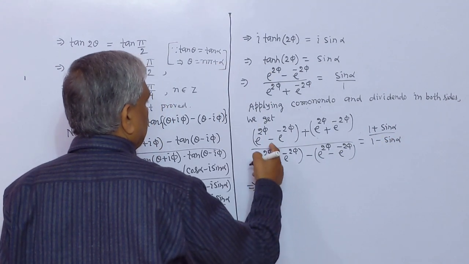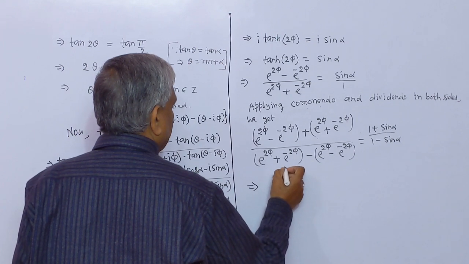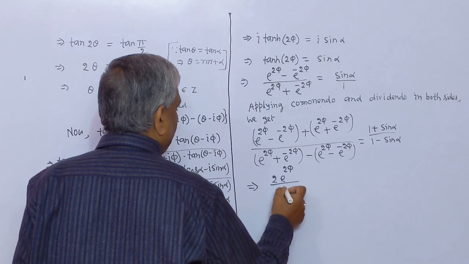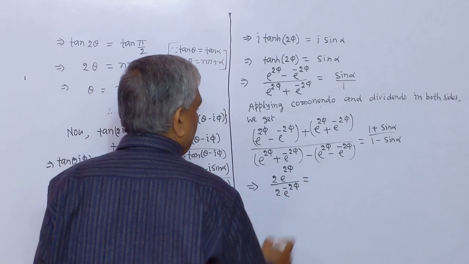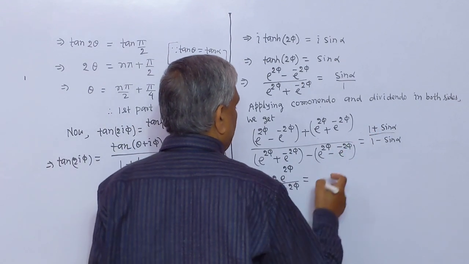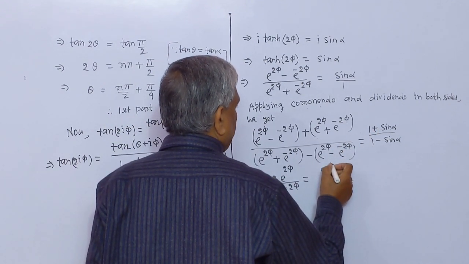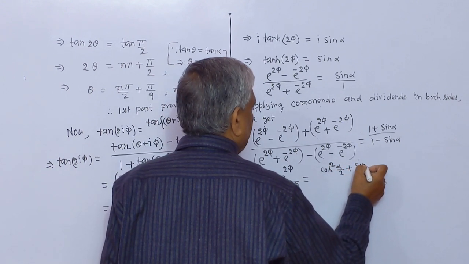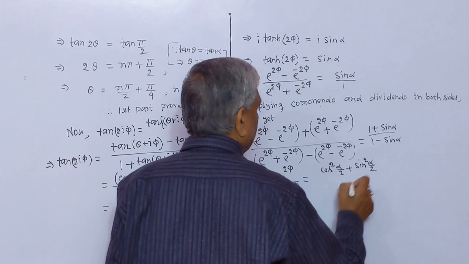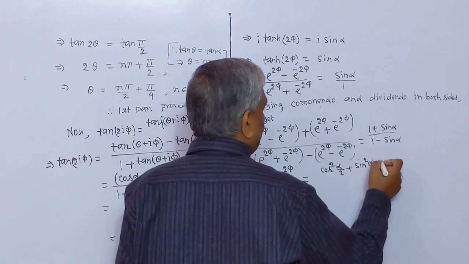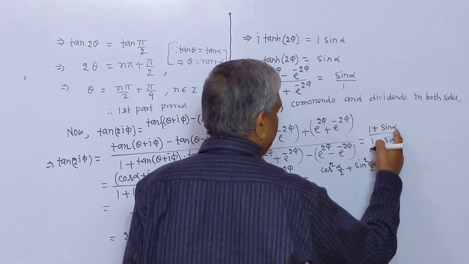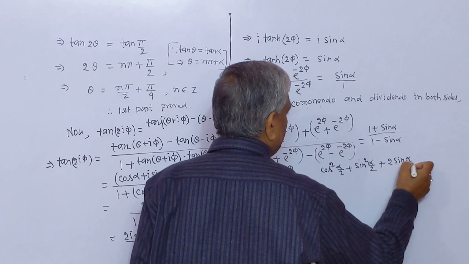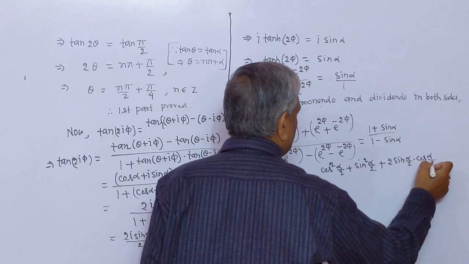Implies that this is 2e to the power 2 phi by 2e to the power minus 2 phi, and this is equal to cos square alpha by 2 plus sin square alpha by 2. 1 means this, and sin alpha we apply the formula sin 2a: 2 sin alpha by 2 cos alpha by 2.